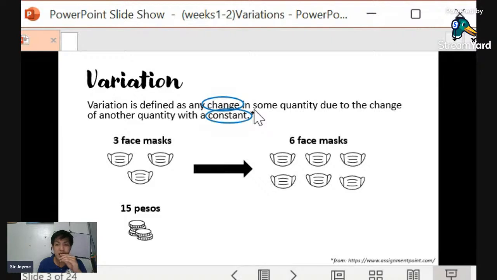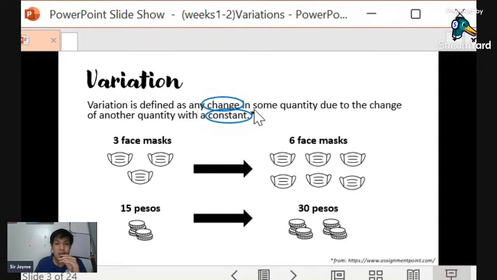So it will increase. So madodoble. Okay, good. Yung increase at saka yung word na madodoble, it has something to do with the change, di ba? So nagbago. Okay, so doon na papasok yung ating variation. So it will become 30 pesos.